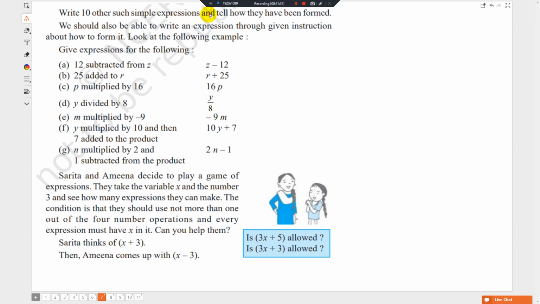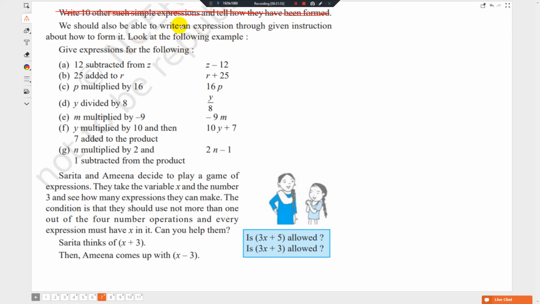There is something more. We should also be able to write an expression to give an instruction about how to form it. Look at the following example.